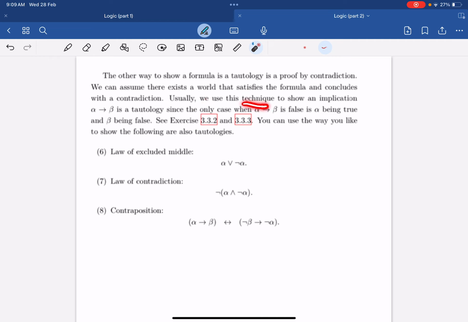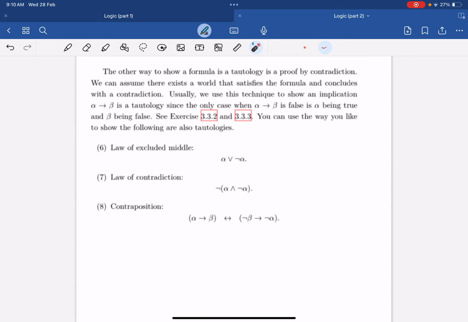Usually, we use this technique to show an implication is a tautology, since the only case when alpha implies beta is false is when alpha is true and beta is false. So you can use this method to show that 6, 7, 8 are all tautologies as well.